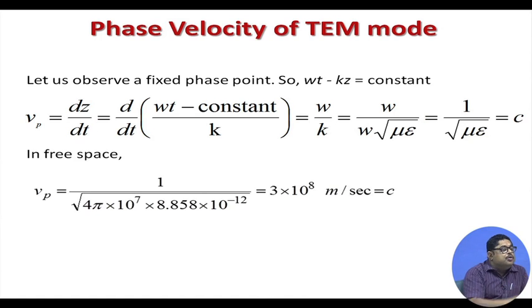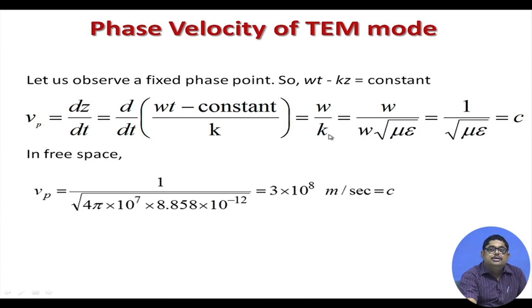Let us observe a fixed phase point, that means omega t minus kz should be constant. Now, you know the definition of phase velocity. Phase velocity Vp is dz dt. So, z is omega t minus constant by k, d dt of that. So, that becomes omega by k.